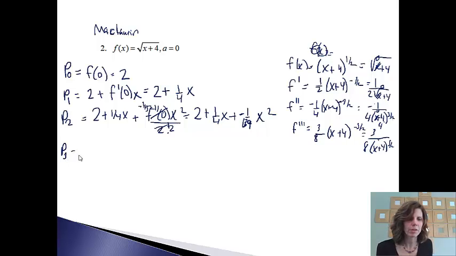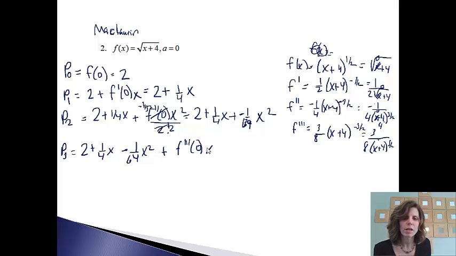And then my third degree, we're going to have what I already had, 2 plus 1/4 x minus 1/64 x squared, and then plus the third derivative at 0, x cubed over 3 factorial. So if I go over here and plug 0 in for my third derivative, 0 plus 4 is 4. The square root of 4 is 2. 2 to the 5th power is 32. Okay, 8 times 32, I don't know off the top of my head, let's figure this out here, it's 256.